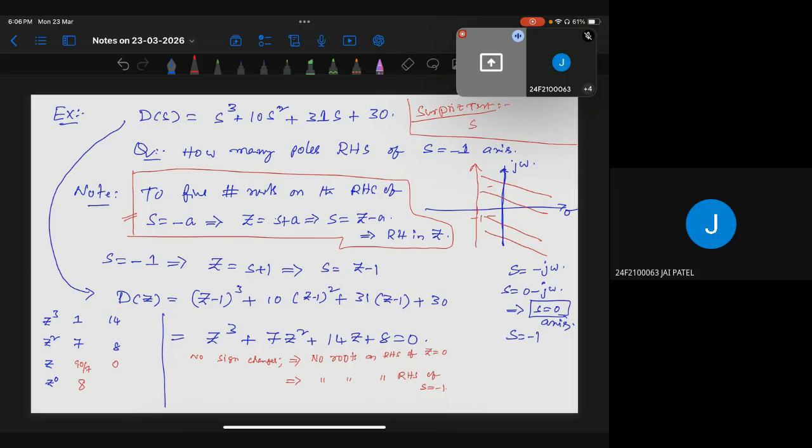Tell me how many poles are there on the RHS side of the S equals minus 2.5 axis. Same example. So the number of roots on the RHS side of S equals minus 2.5 axis.